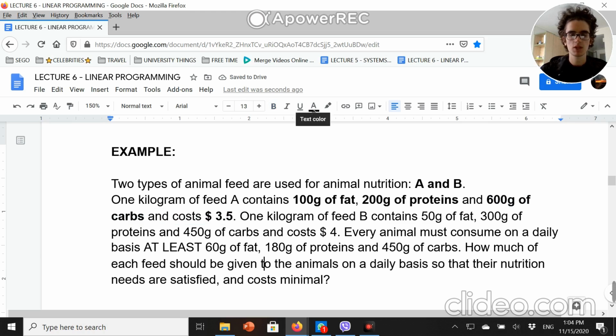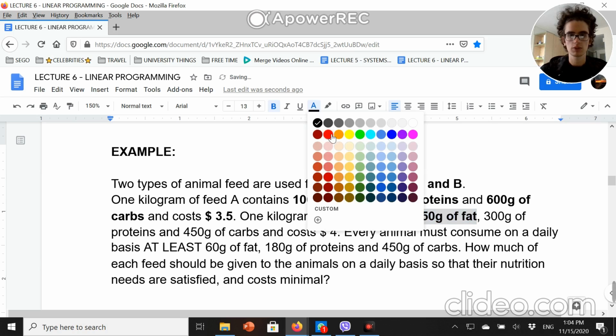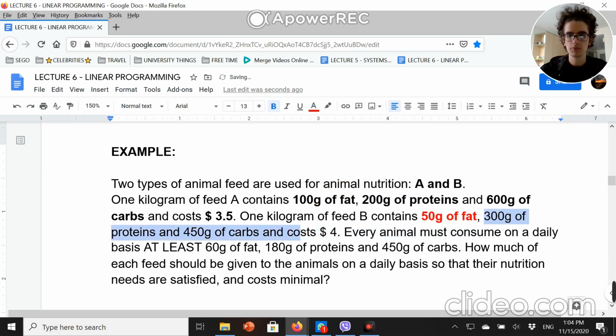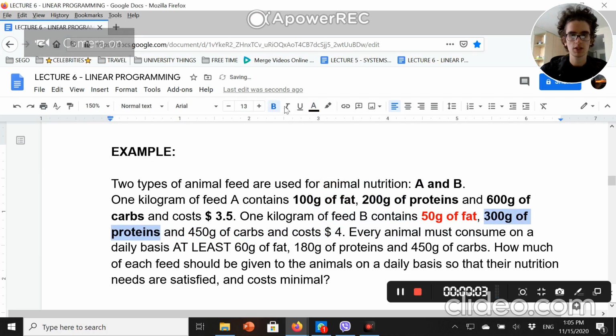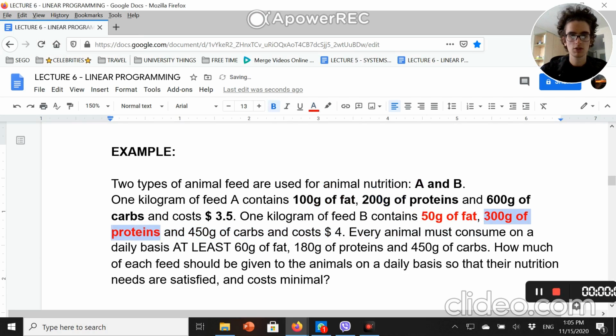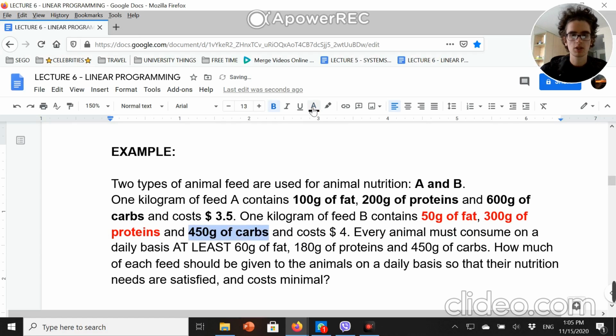Okay, the second feed B contains 50 grams of fat, we're going to color it, 300 grams of proteins, this color, and 450 grams of carbs, and it costs $4.